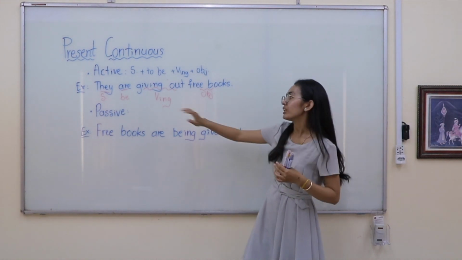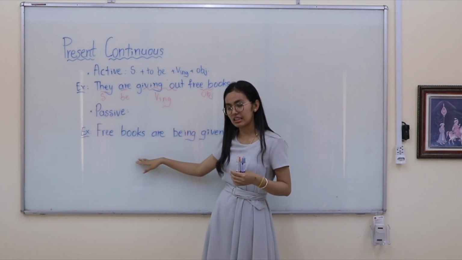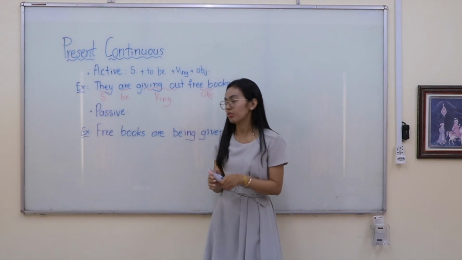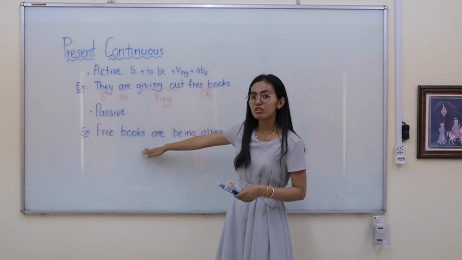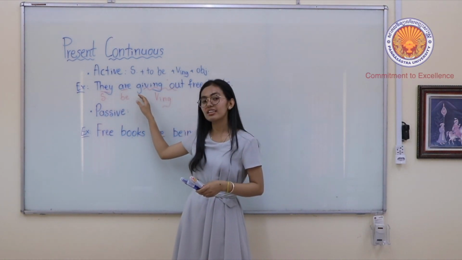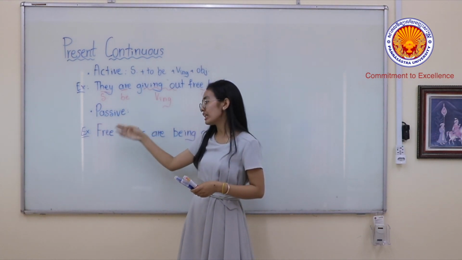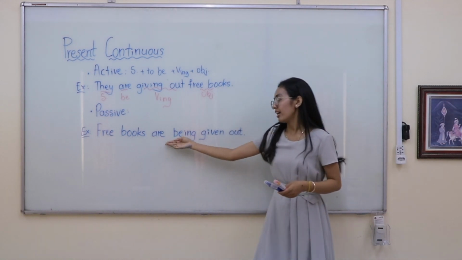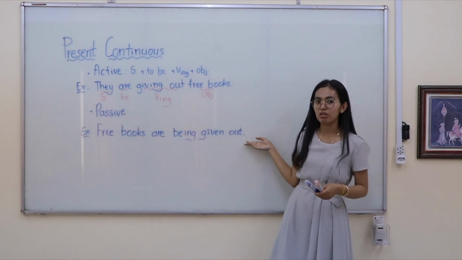So in order to convert this into a passive sentence, what can we do? How? To change this sentence into a passive sentence, we have a new one. As we can tell, "free books are being given out."